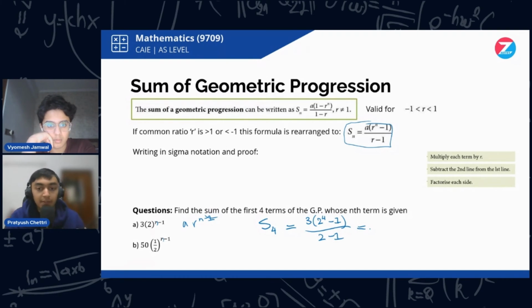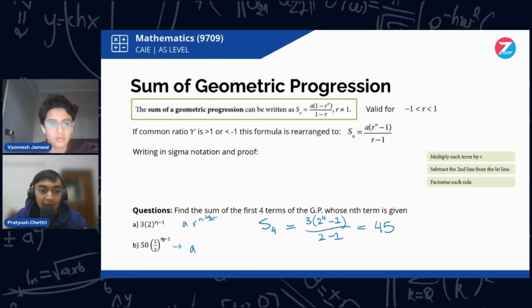And this gives us, when you're typing this in your calculator, make sure you keep the fractions untouched, 45. Seems reasonable, yes. And here we have a similar thing, but we can see the common ratio r is less than 1 in magnitude here. So I'm going to use the top formula, not the bottom one.